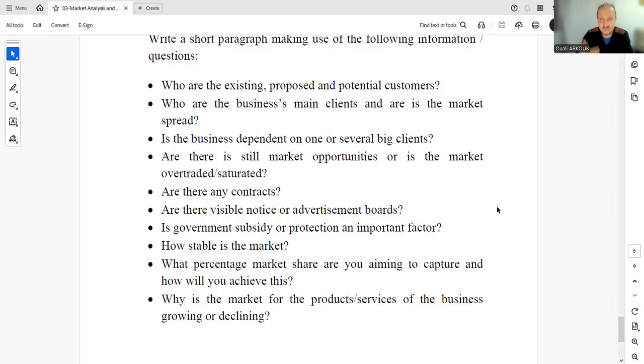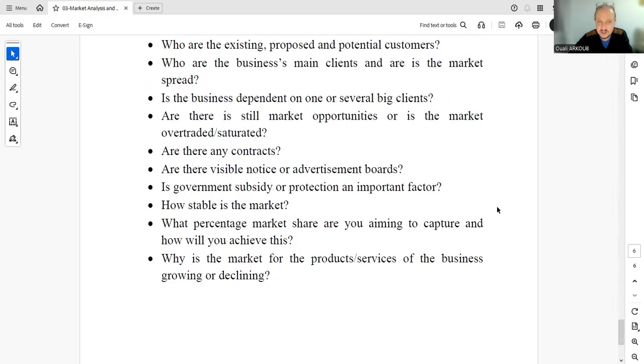Are there visible notice or advertisement boards? Is government subsidy or protection an important factor? The subvention and the protection of government. How stable is the market? Is the market stable or not?